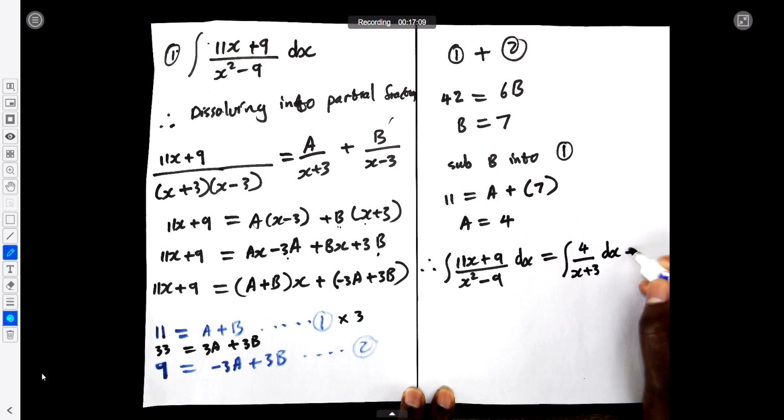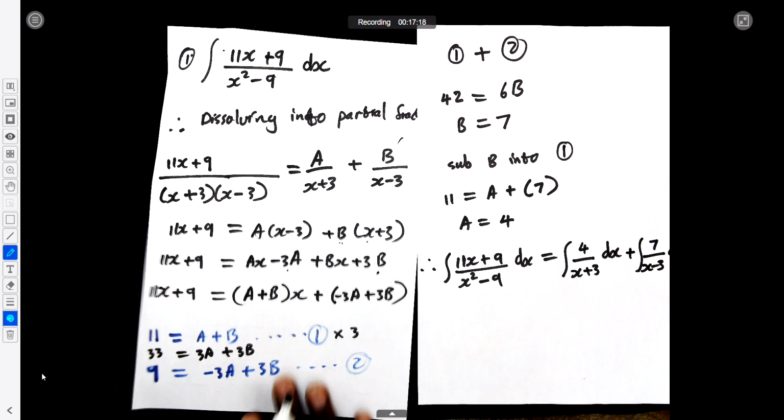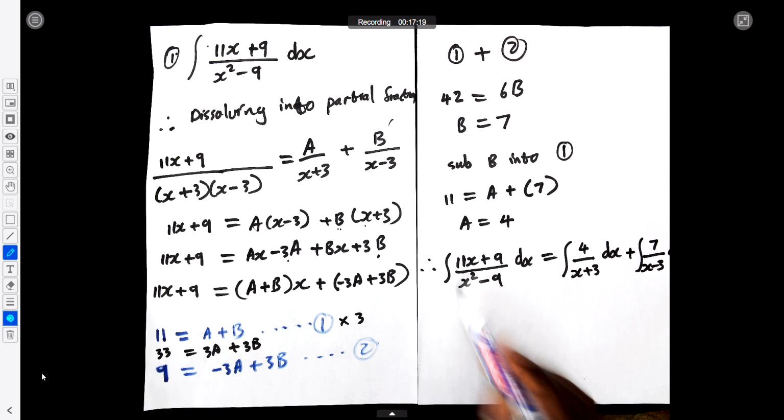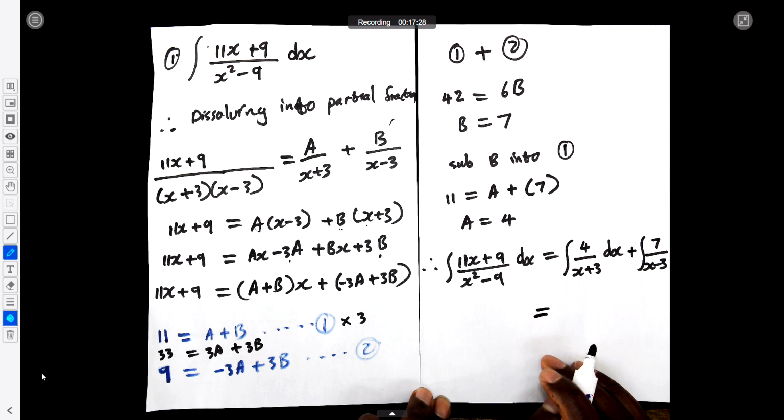Therefore, the other fraction is b all divided by x minus 3 dx. So when we want to integrate, it will be equal to.